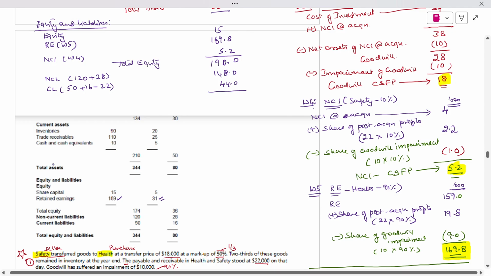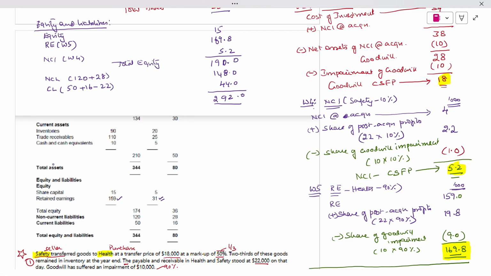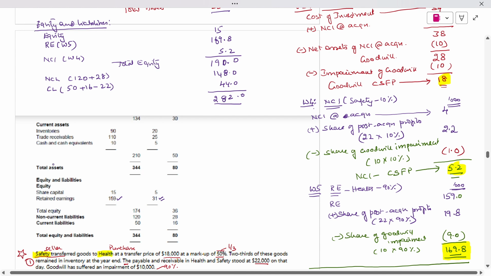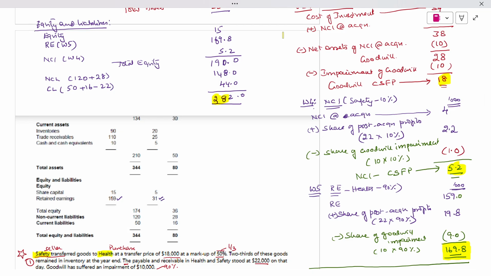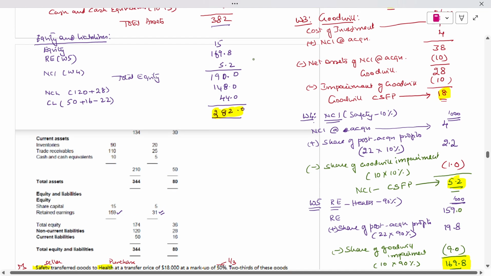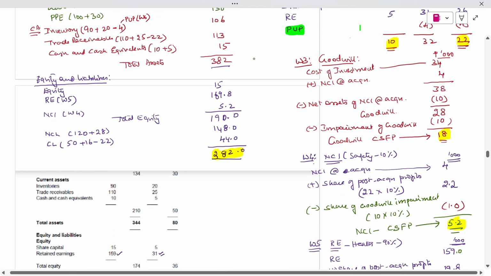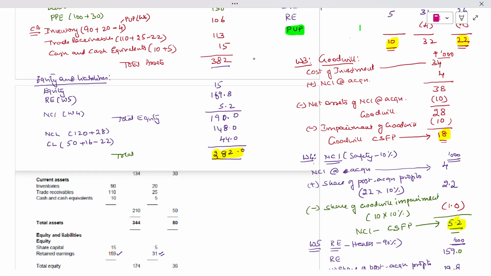Yes, 44. 0, 2, 1, 9, 292. 0, 2, 1, 10, sorry, 281, 382. Are you clear about this? Yes. What is the total assets we got? Is this okay? Yes.